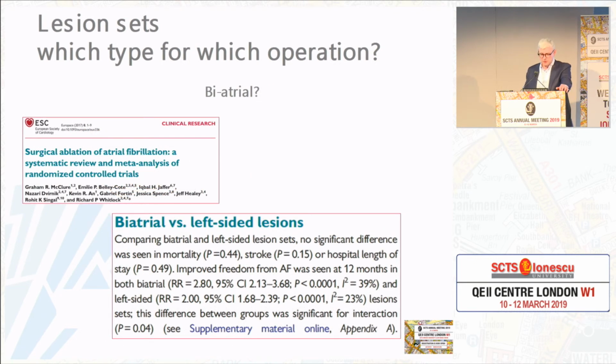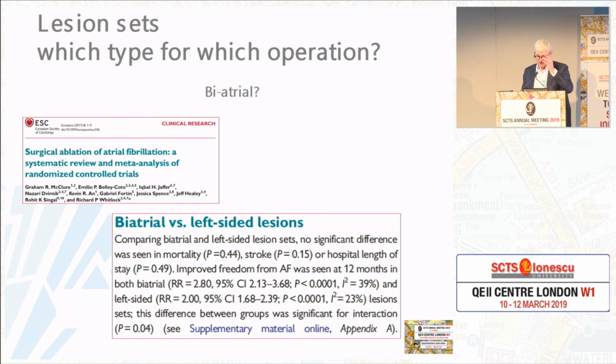Dr. Giranov already alluded to biatrial versus left-sided lesions only, and I can only reflect what Richard Whitlock describes in his meta-analysis that came out in 2017 in Europace. There, the relative risk of a full biatrial approach was 2.8 versus 2 for only the left-sided full maze. And this difference was not statistically significant.